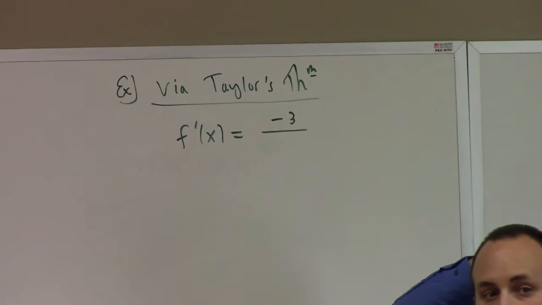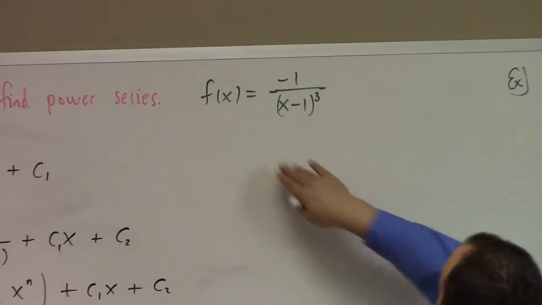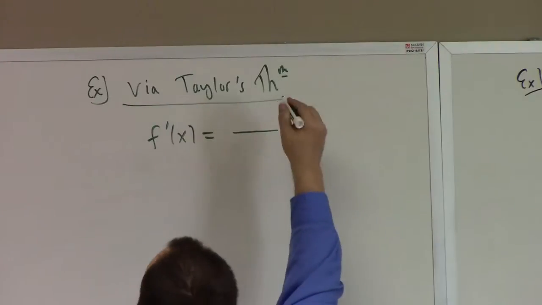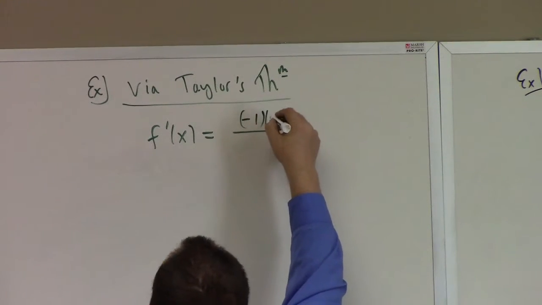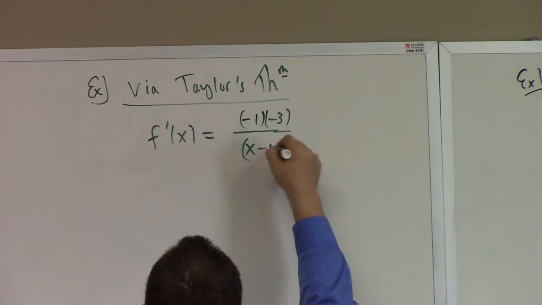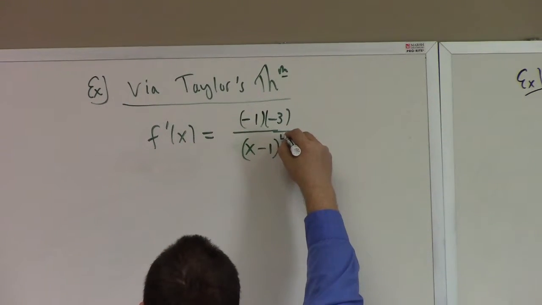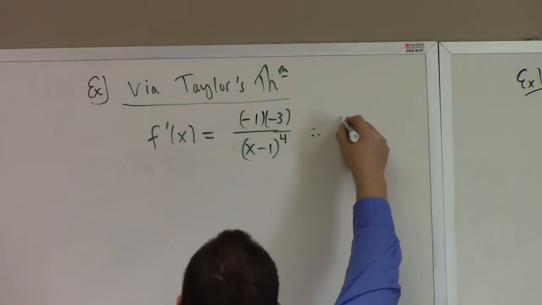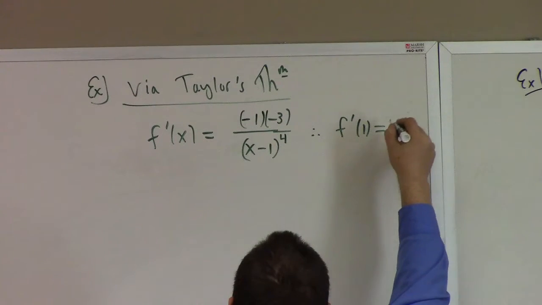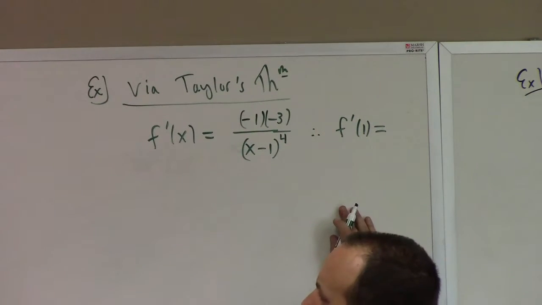So if I have a minus inside a cube, I can pull it out, right? So differentiate this, I get what? I get minus 1 times minus 3, x minus 1 to the what? The fourth, right? So therefore, f prime of 1 is equal to what? Oh, goodness gracious, 1.